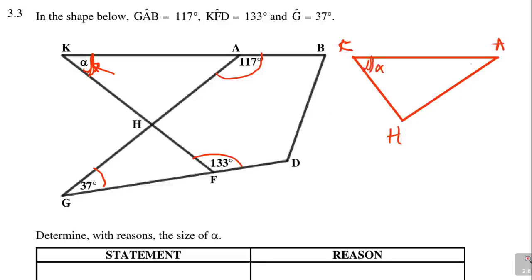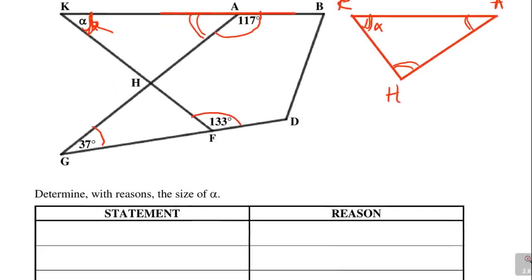This is your alpha. I need to find that, and I need to find this. Then we can talk about sum of angles in a triangle. I can start with this line, sum of angles in a triangle, and find this one here. So KAH, that's the one I want to find.